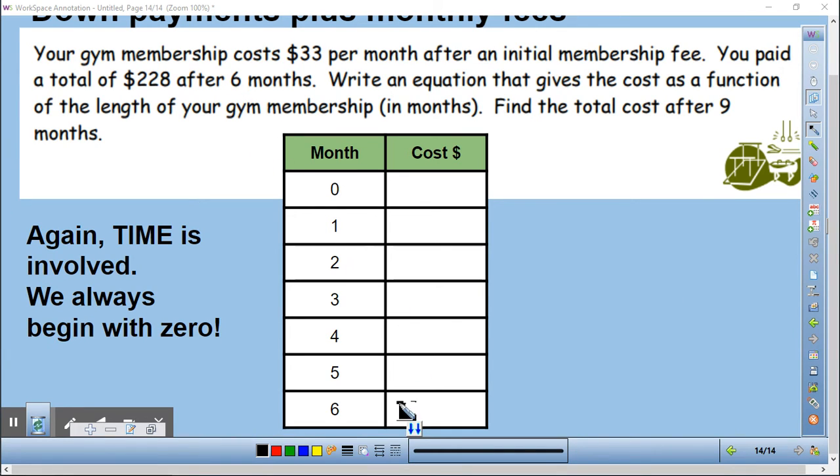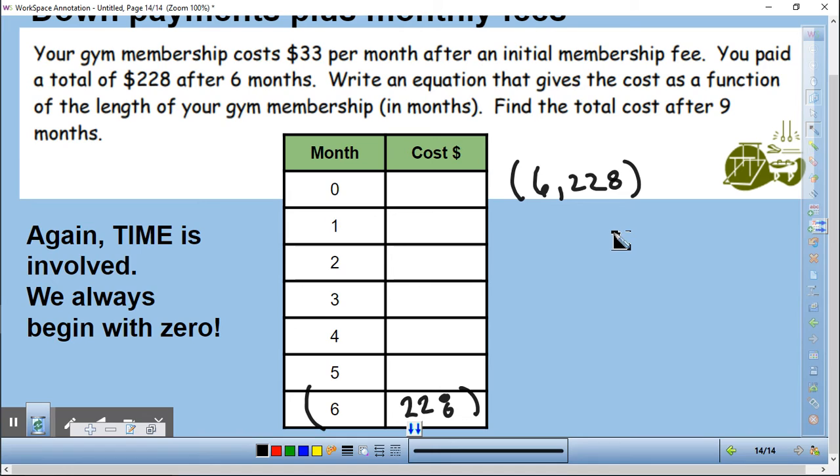So 6 months is 228. So look, I have a point. I have a point of 6, 228. I also have my rate or my slope, $33 per month. So m is equal to 33.